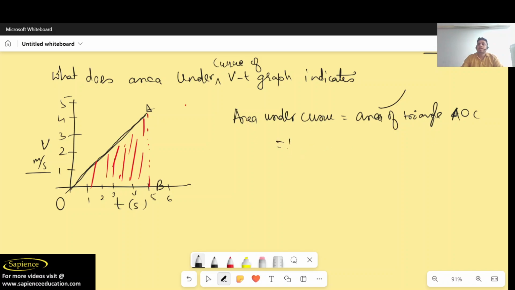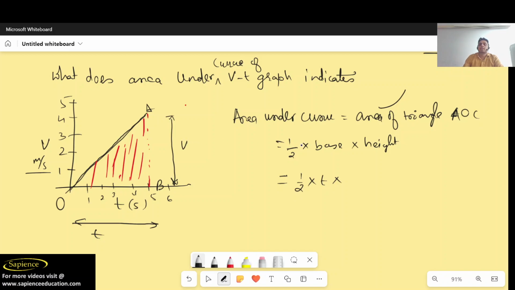So this can be written as half into base into height of the triangle. Yes or no? Base is indicated as what? Which physical quantity is indicated by the base? Time. So you can write 1 by 2 into time. And what physical quantity does this height indicate?